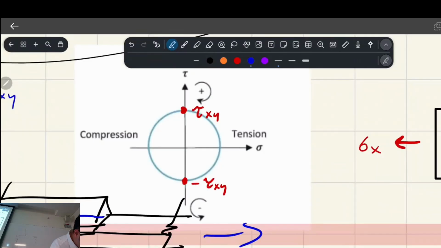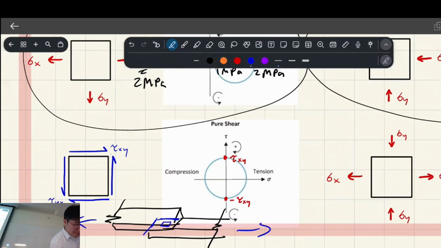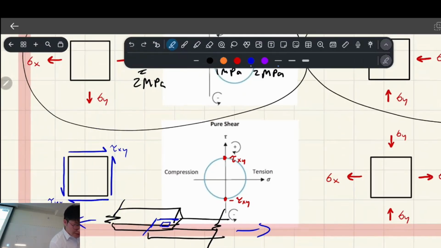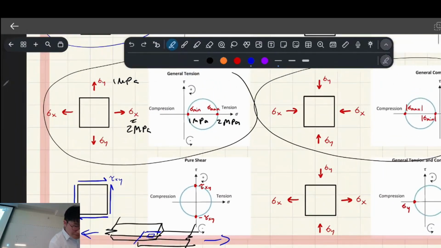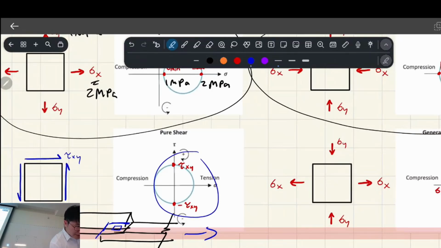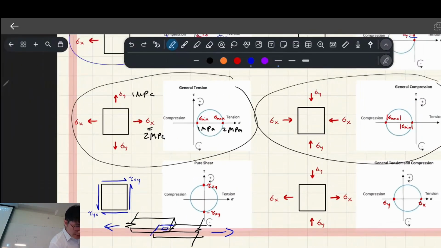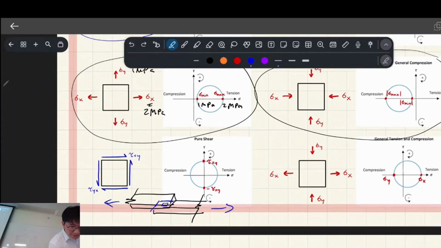That's your shear plane. Then imagine you're a tiny bit of wood that's plotted like that, flat on the shear plane. That's when you would have your shear, plotting up and down like this. So that's pure shear.